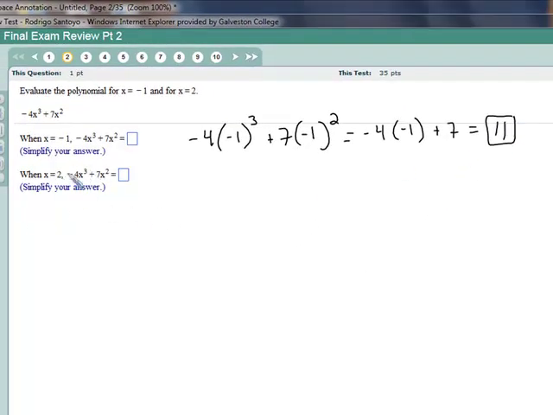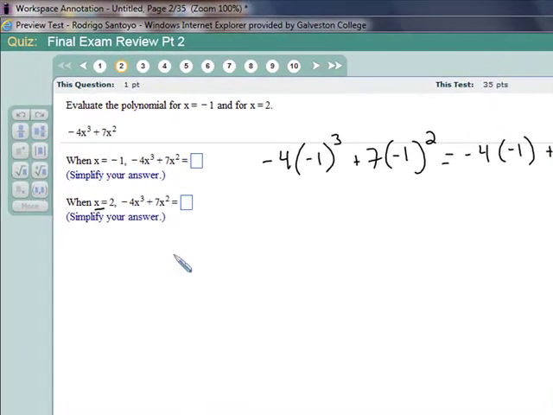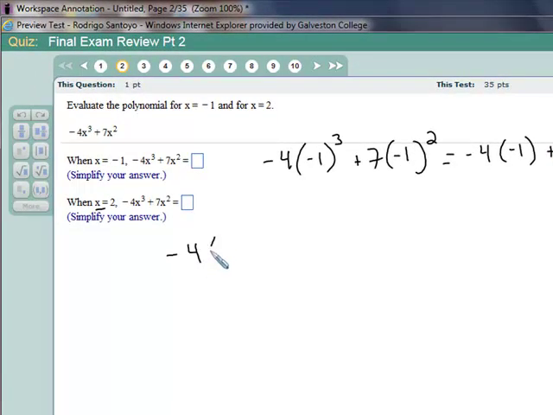Once again, we do it again. This time it's telling us x is 2. All we're going to do is replace x with 2. Once again, this is a nice problem you can just put in your calculator.